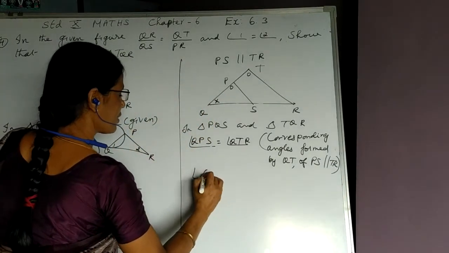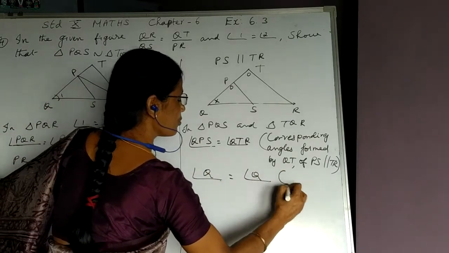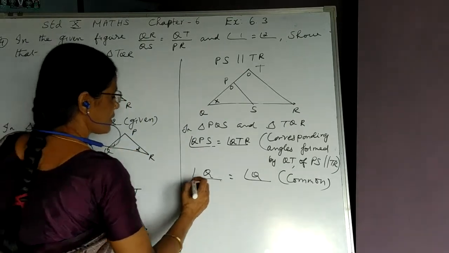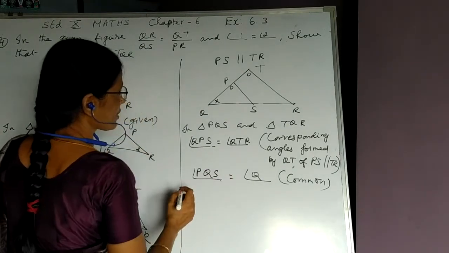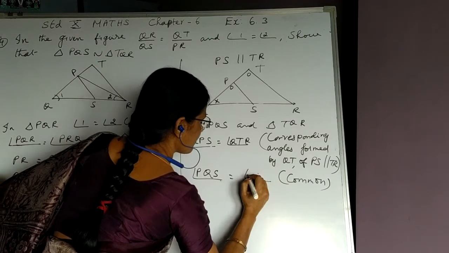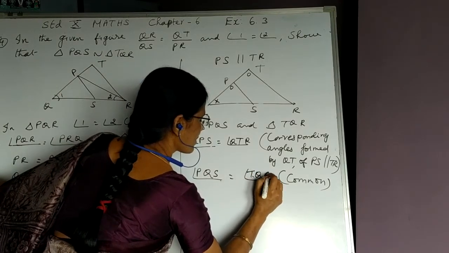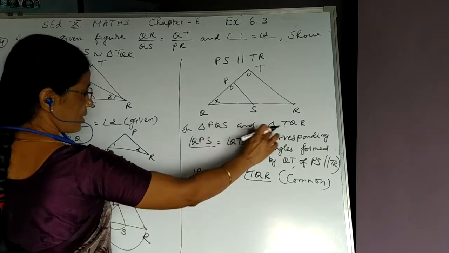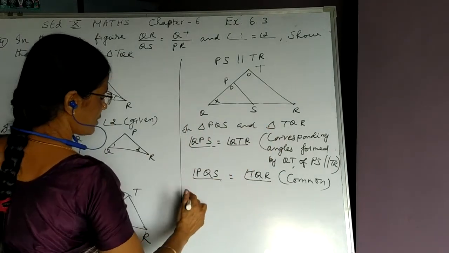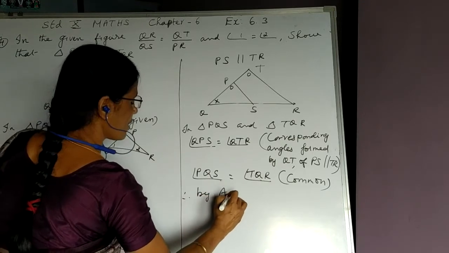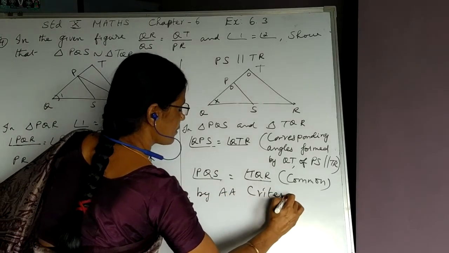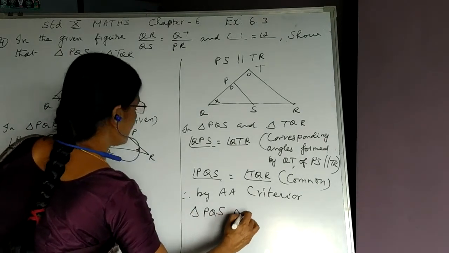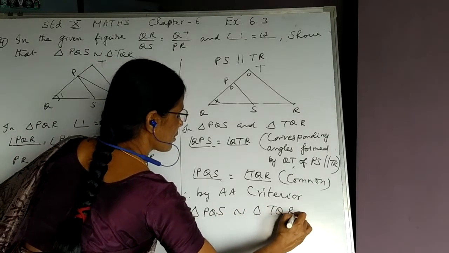And angle Q is equal to angle Q. It is common, you can find it present in both the triangles. This Q can be written as PQS and TQR. If you want, you can use a single alphabet also, as only one angle is formed here. Because we proved in these two triangles two pairs of angles equal, we can go for AA criterion. By AA criterion, triangle PQS is similar to triangle TQR.